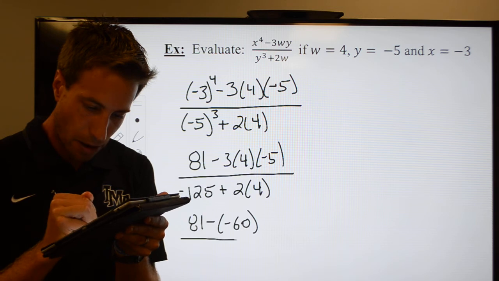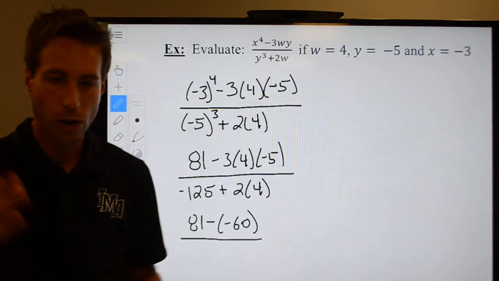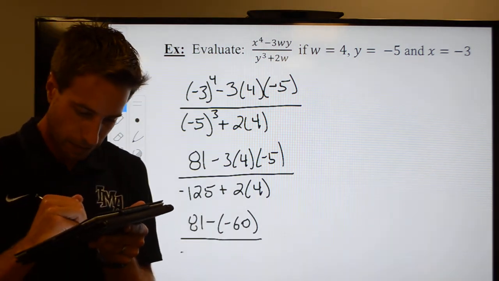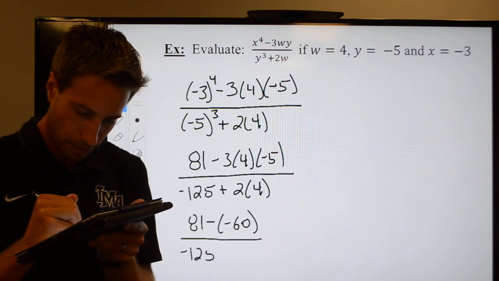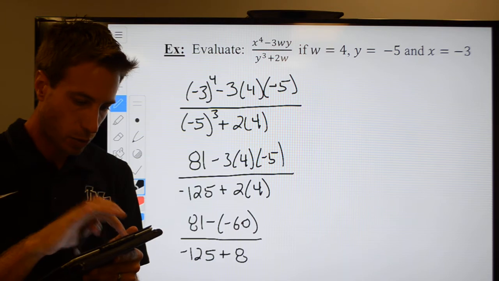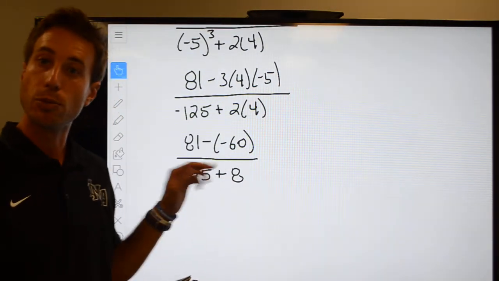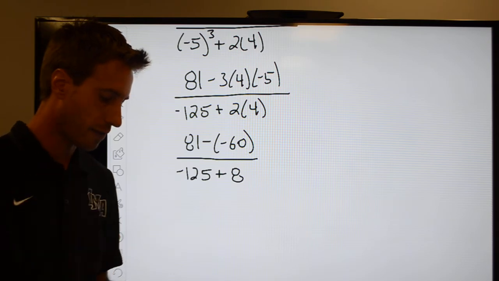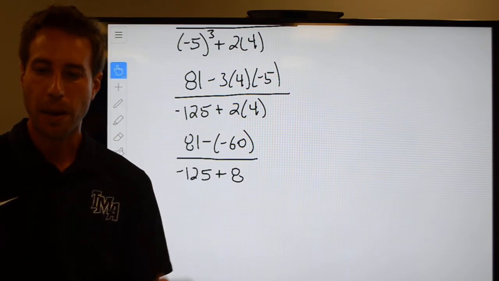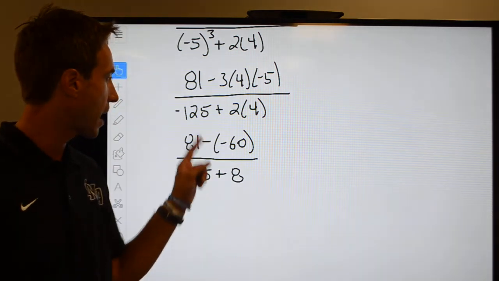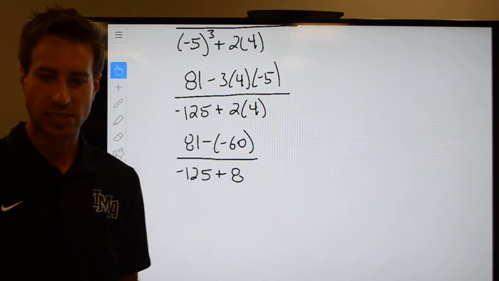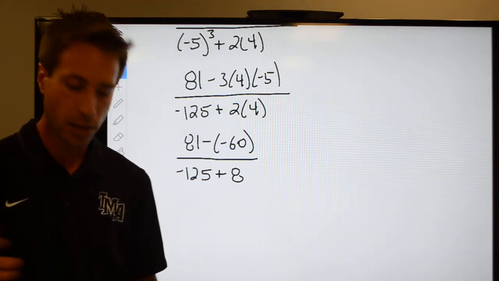And in the bottom, I will have 2 times 4, which of course is 8. All right, we're doing great. Let's just keep going here. Got to keep working in the numerator and the denominator. So the numerator first, 81 minus -60. Remember, add the opposite, change the sign. So 81 plus 60.